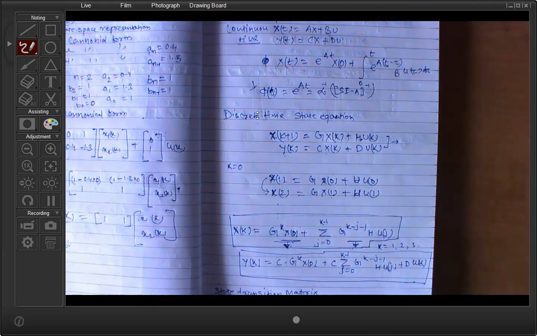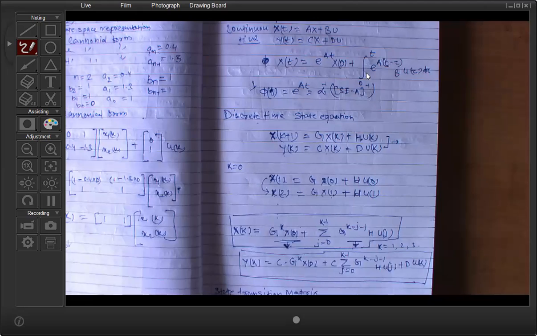If you compare the solution of the discrete time state variable with the continuous time state variable, they are almost similar to each other. The state transition matrix in the continuous time domain is e to the power At, and in the discrete time state equation the state transition matrix is G to the power k.